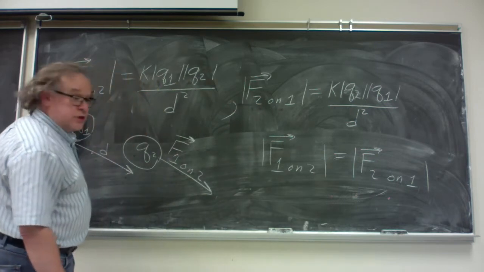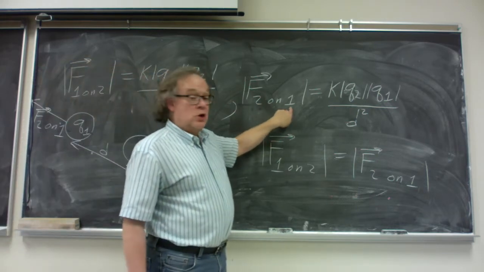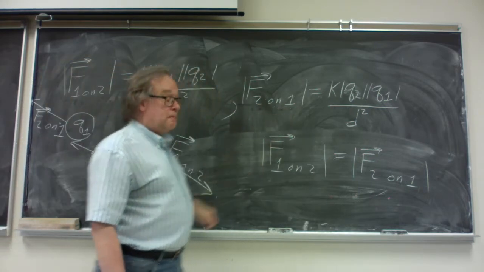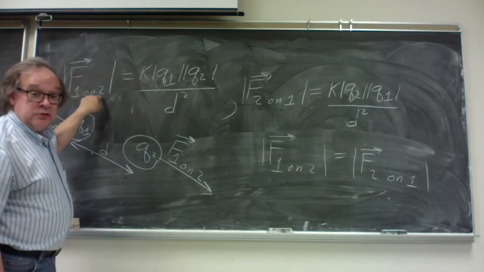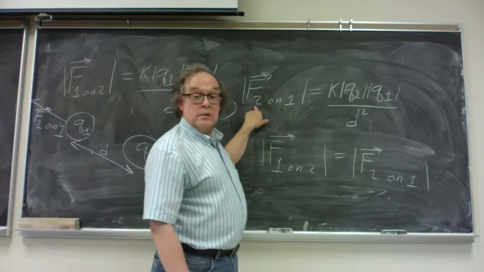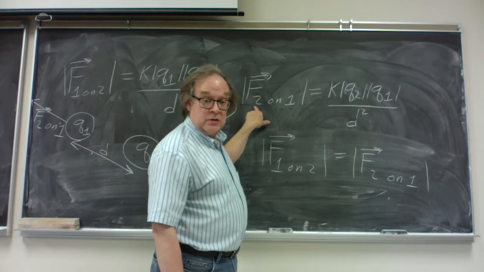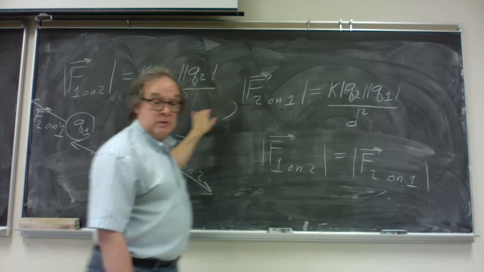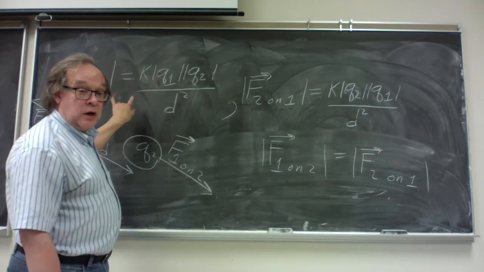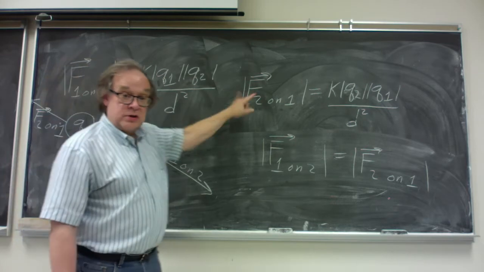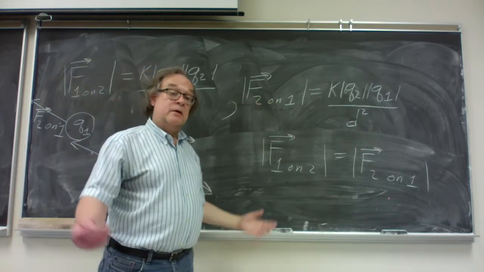The source of one force receives the other force, and the thing that felt the first force is the source of the second force. Right? Source and receiver are flipped around as you go from this force to this force.